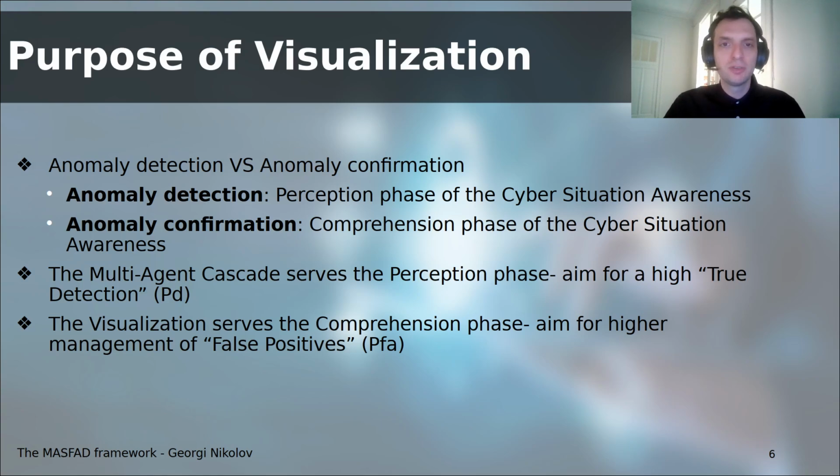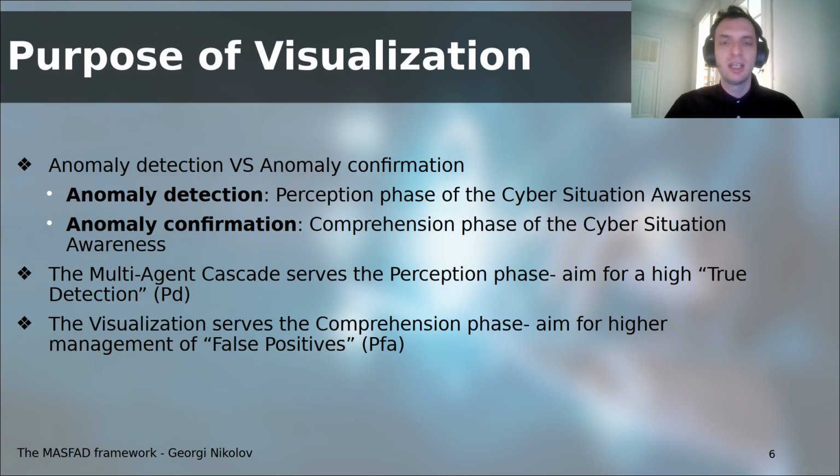We base ourselves on the principle of situation awareness, which can be applied to the cyber domain. The situation awareness is composed of three phases: perception, comprehension, and projection. The perception phase is used for actually reviewing the information that is generated in any given environment, trying to detect possible patterns or information of importance.